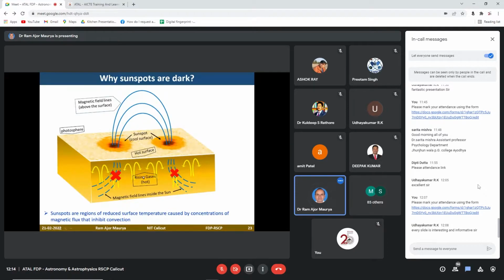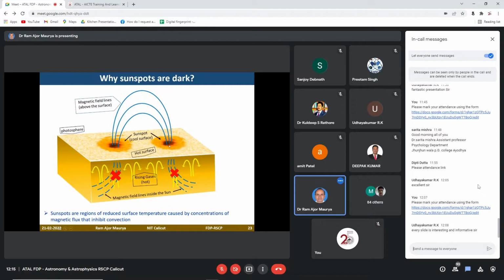And below this we have the convection. What happens in the sunspot region is that, because of the strong magnetic fields, the convection is suppressed. So the rate of transportation of energy in the sunspot region is less compared to other regions.